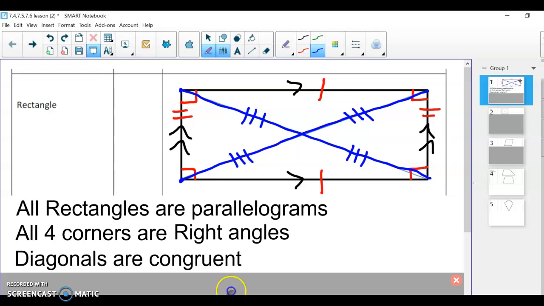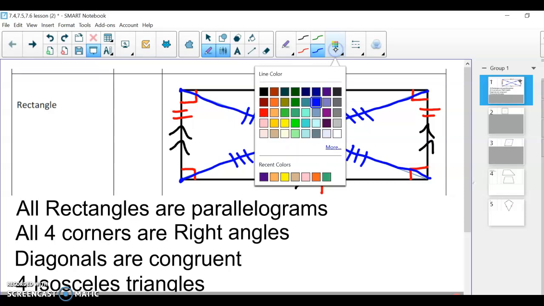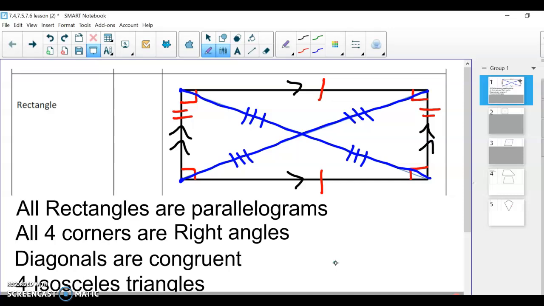Let's see what else. Last property of our rectangles is that when we did that with the diagonals bisected and the diagonals congruent, what happened is it created 4 isosceles triangles. So what I'm talking about here is down in the lower left corner.